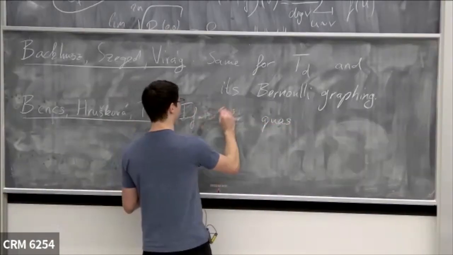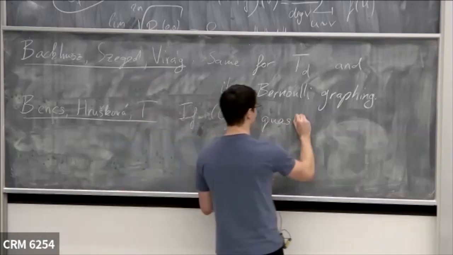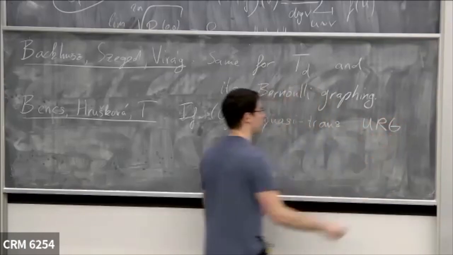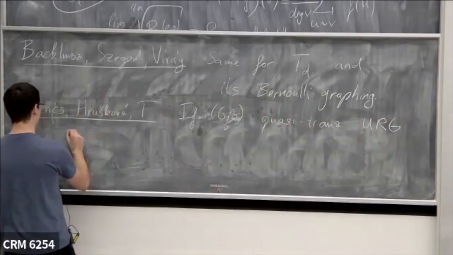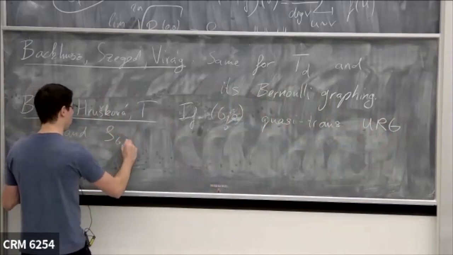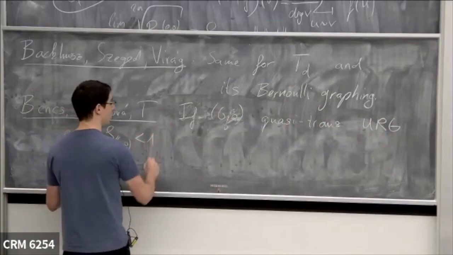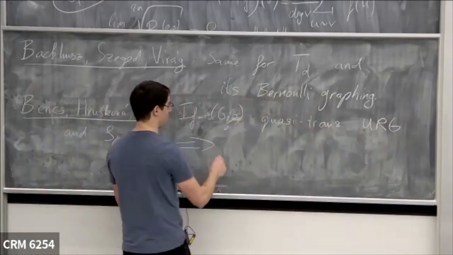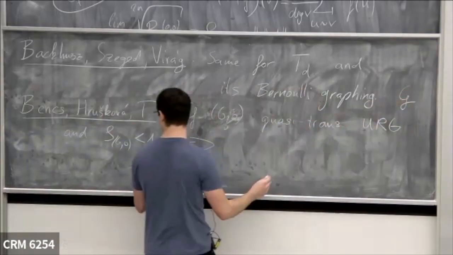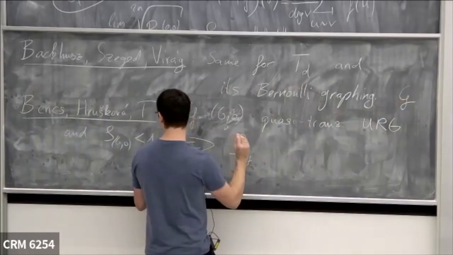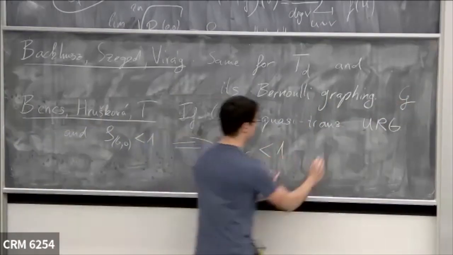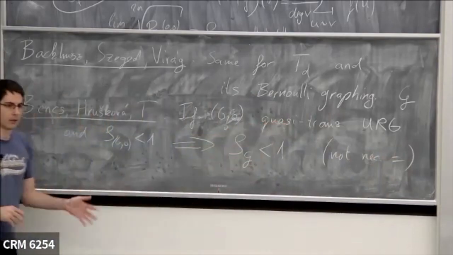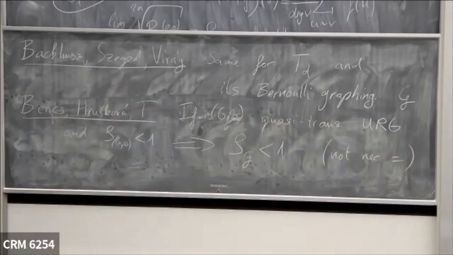If we have G0, which is a quasi-transitive unimodular random graph, URG stands for unimodular random graph, and we know that the local one is less than 1, then we can show that this is less than 1, where G again stands for the Bernoulli graphing. From now on, always Bernoulli graphing. But not necessarily in general. Quasi-transitive just means that there are finitely many different orbits of the automorphism group.